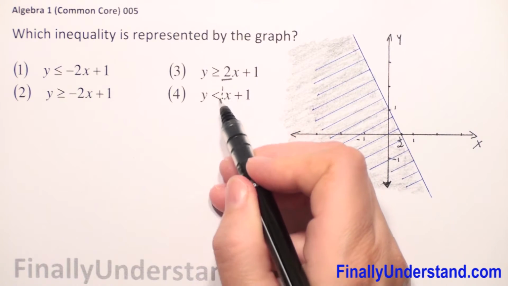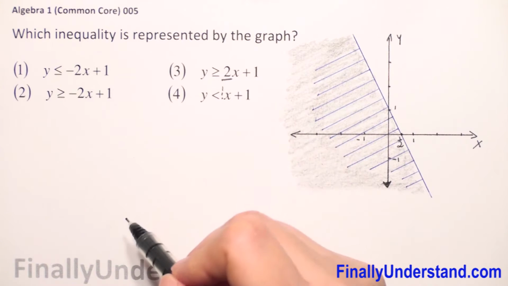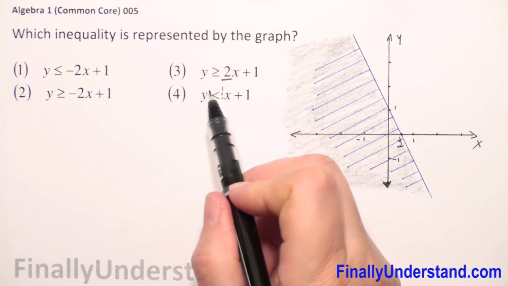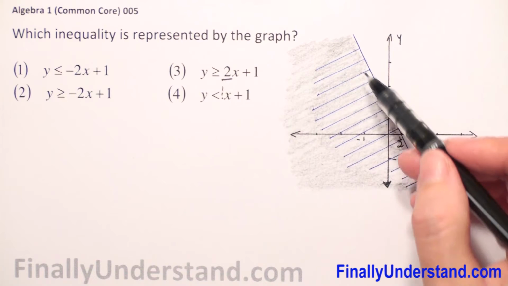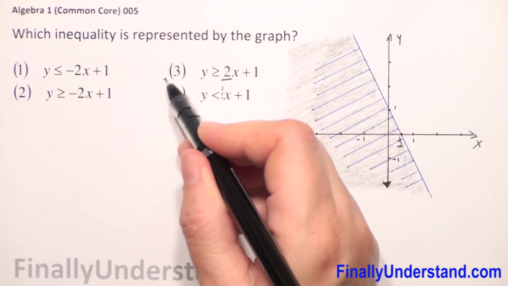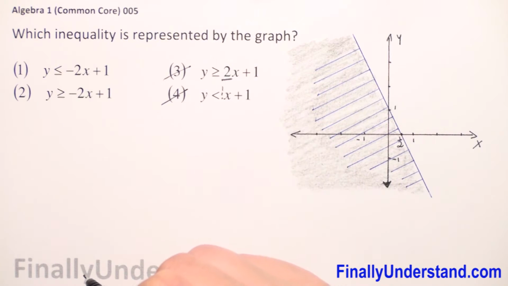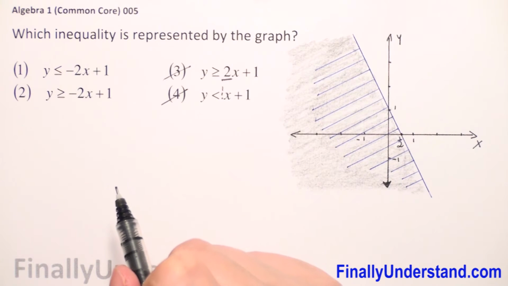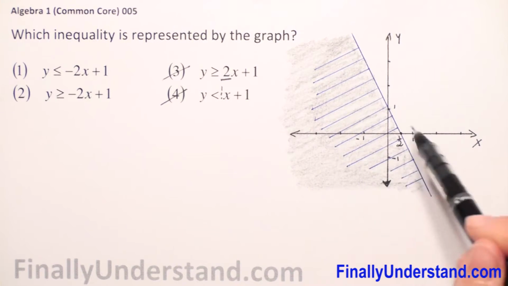So 1 and 2, they are positive. So this is impossible because our line is going down. So the third and fourth statements are not solutions to our graph.